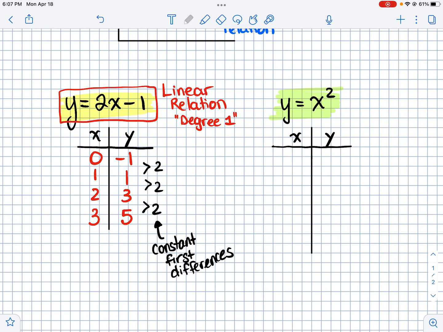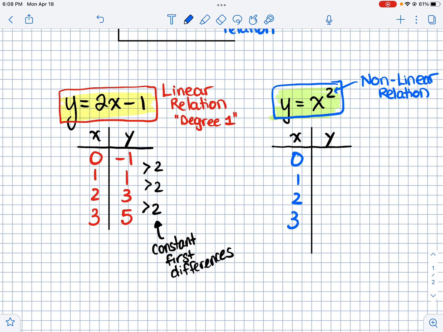And then if we look at the equation on the right here, y equals x squared, right away you can see this is a degree 2 equation, or a second degree equation. It is going to be nonlinear. This equation is a nonlinear relation because of that exponent of 2, that right away makes it not linear. And if we just plug in some x values, you can see from the table it won't be.